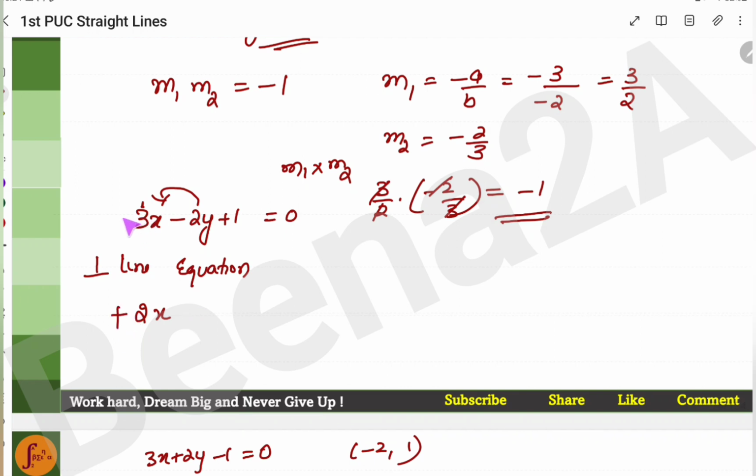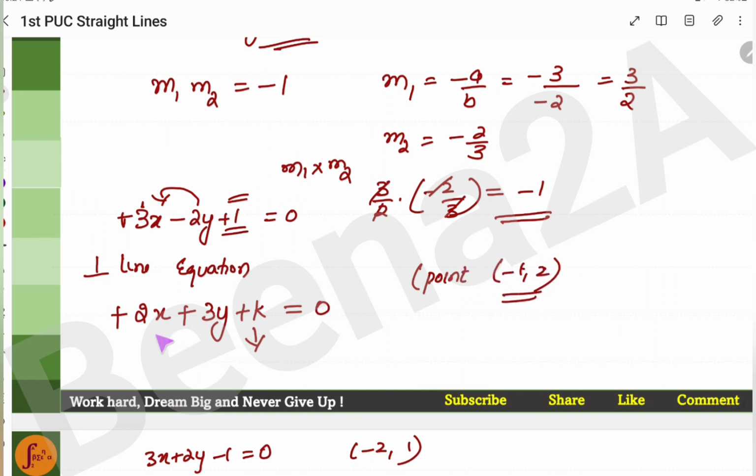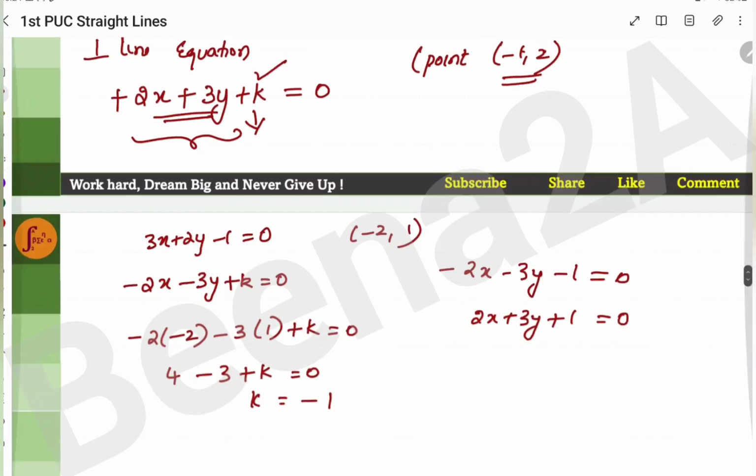And then this one, whatever sign I have, same thing I'll put, plus 3. Instead of x, I'll put y. Instead of this number, I'll put plus k. Right? And then how will I find the value of k? By taking the point. Whatever point is given, I substitute these x and y values in this equation, I'll get the value of k. Right? And then I substitute the value of k in the same equation, I get the line equation.